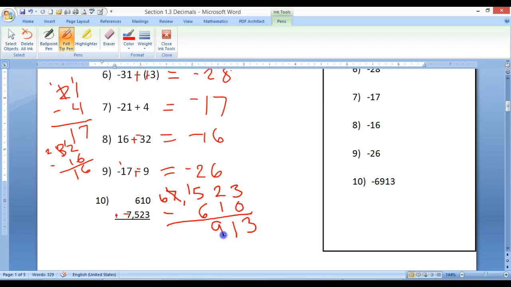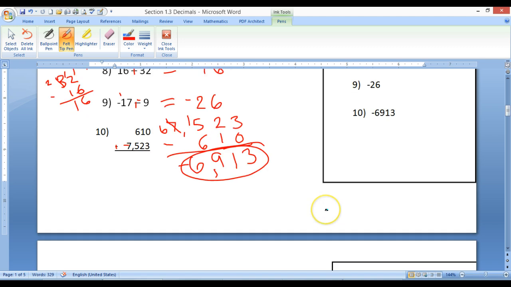And I'm going to put a comma here. 6 minus nothing is 6. So there we go, 6,913. But wait, I have to go back and make sure I take the sign of the larger number. 600 or 7,000? 7,000 is a bigger number, so I'm going to take the sign negative. There we go. And that's our answer.